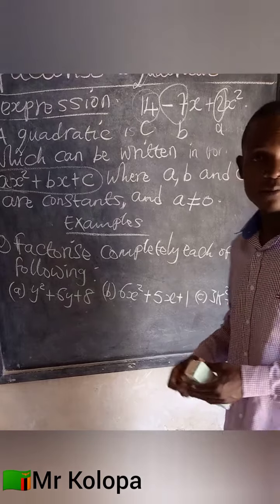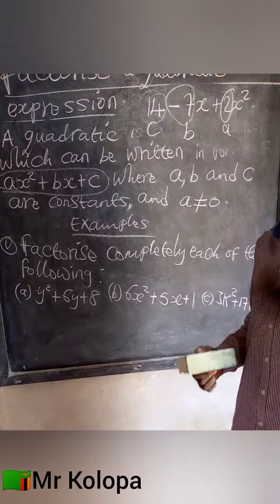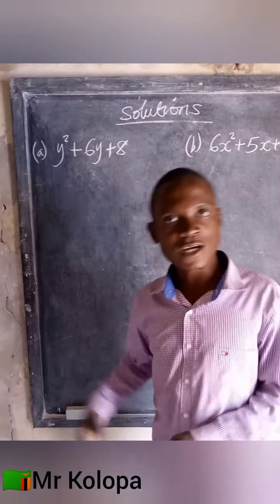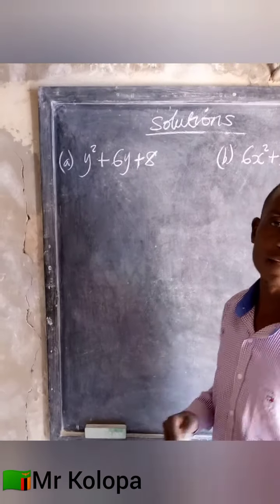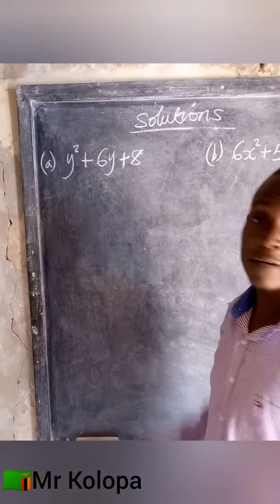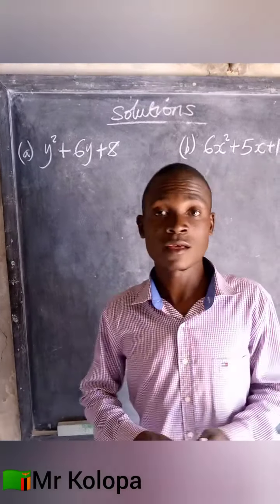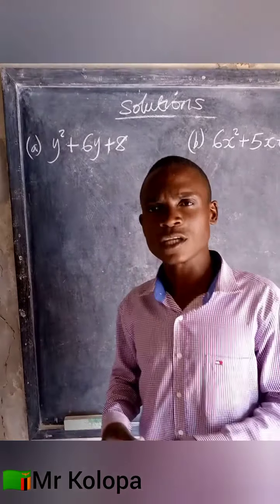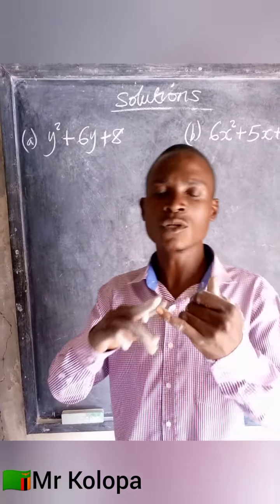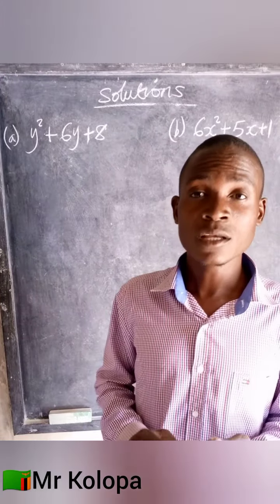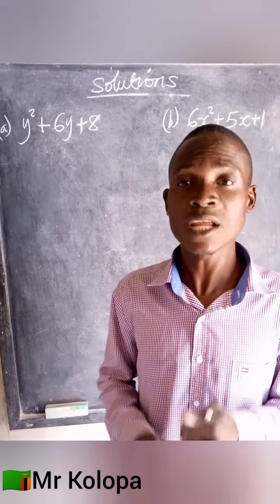We have 3 examples. So let's try to look at them and know how to solve them. Quickly, let's look at question A. We are told to factorize. Now, this is the 4th lesson on factorization. We looked at common factor factorization, which is the first lesson you are supposed to learn.